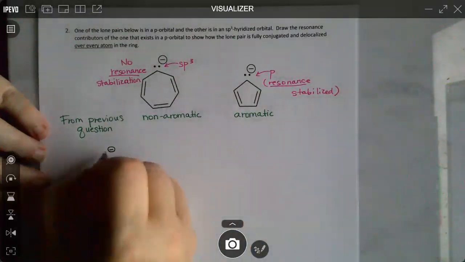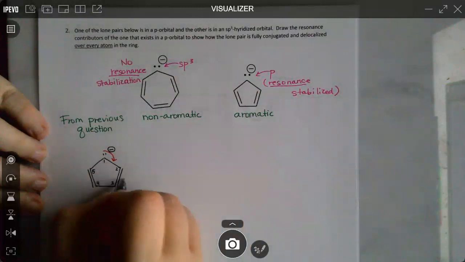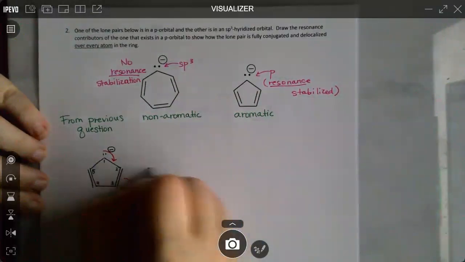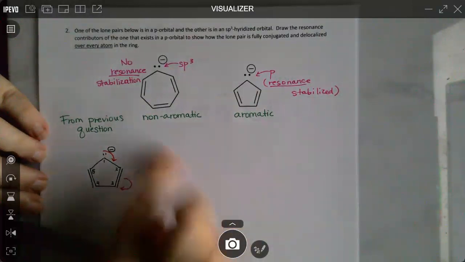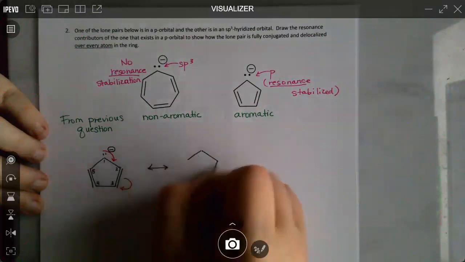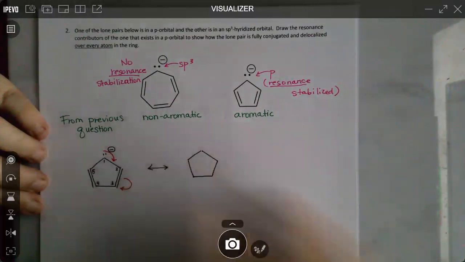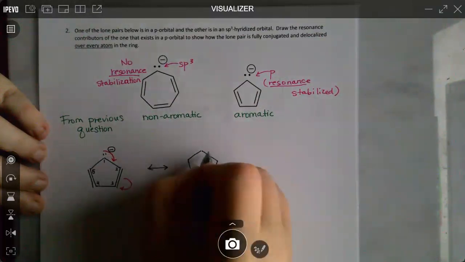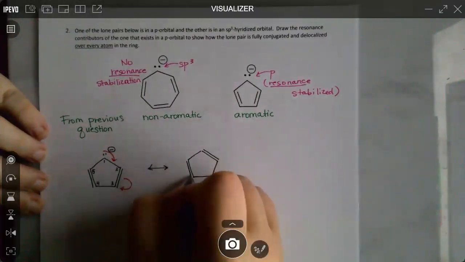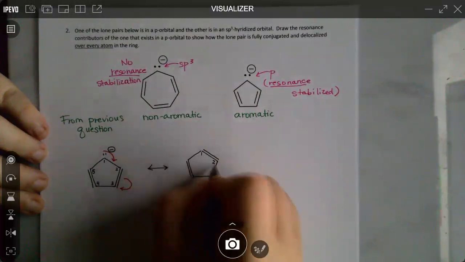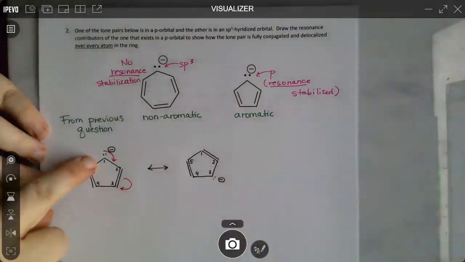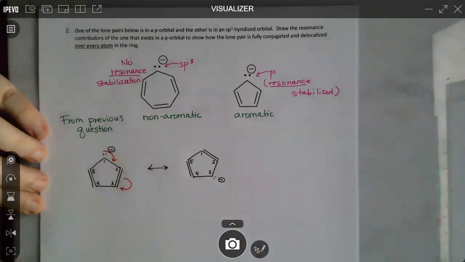And then I can move this as an allylic lone pair, all the way around the ring. Don't forget to use your resonance arrow when you do this. So we're going to move the pi bond here, the lone pair here, and we're just going to label these just like they were before. So we move the lone pair from carbon number 1 to carbon number 3.